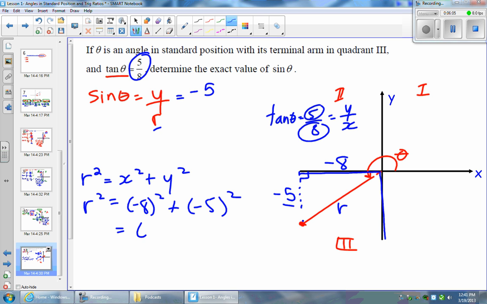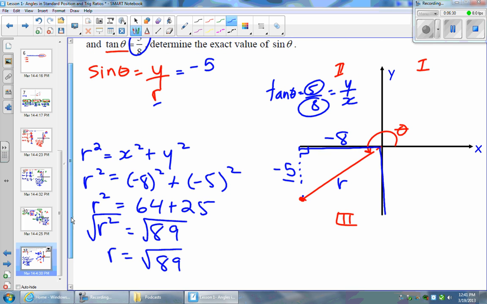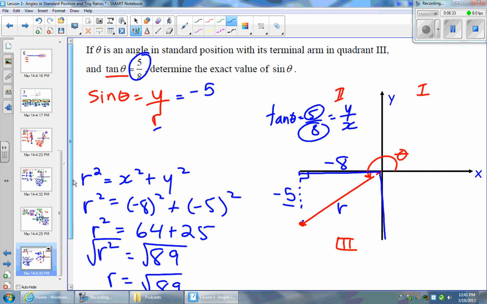So we know this is 64 and this is 25. 64 plus 25 is going to give you 89. Finally, we're going to take the square root of r squared and we get an r value of the square root of 89. We'll leave it once again as a radical because we want our answers in exact form. So that means negative 5 is going to be over the square root of 89.